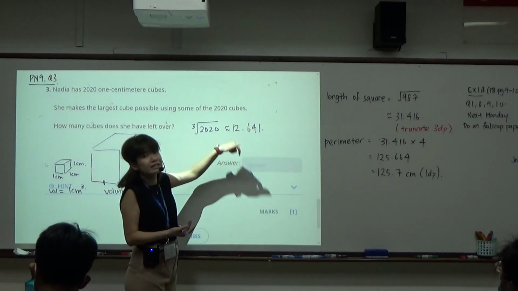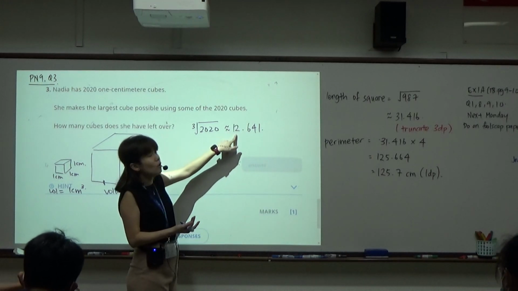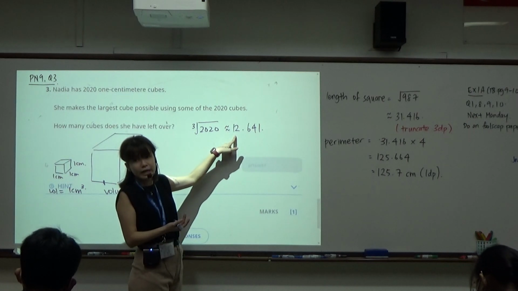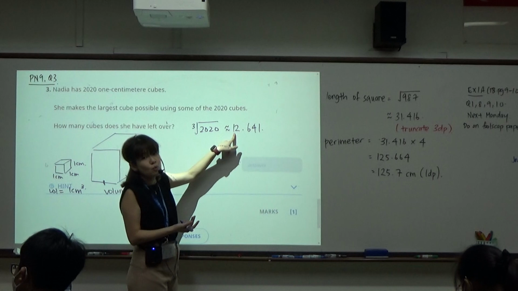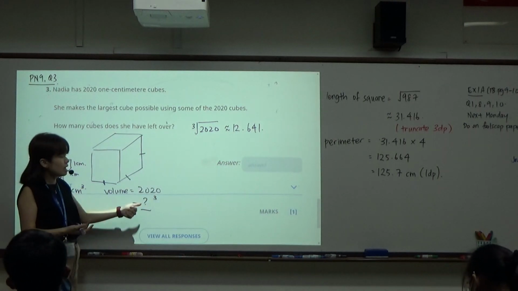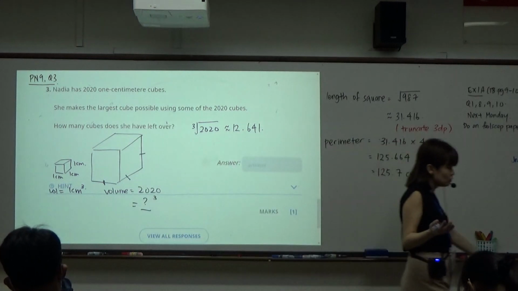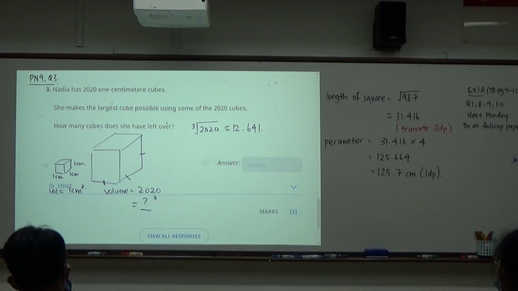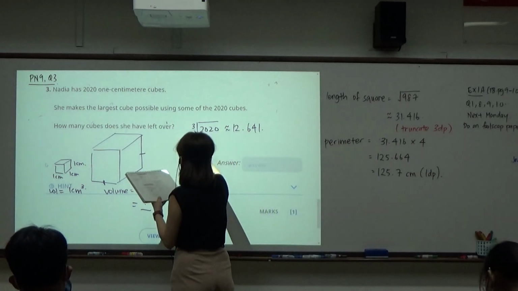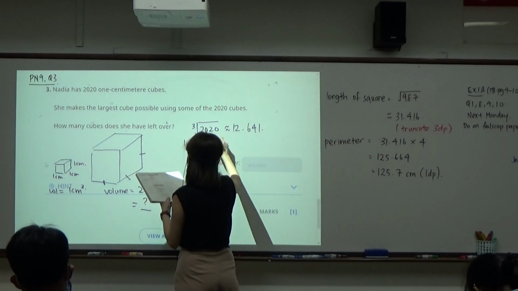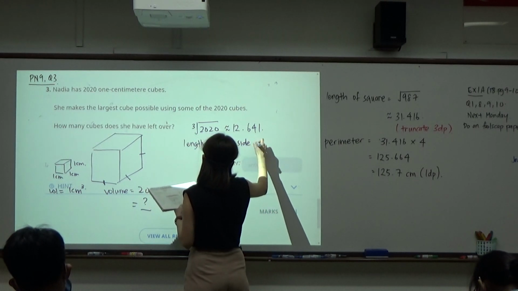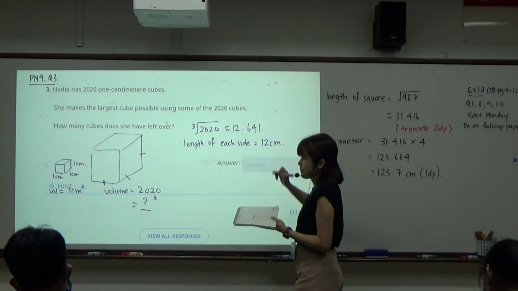I'll look for the next smallest whole number that I can get out of this, which is going to be 12. So if I use 12 cubed, what do I get? I will get a perfect cube number, that is 1728. So the length of each side equals 12 cm.